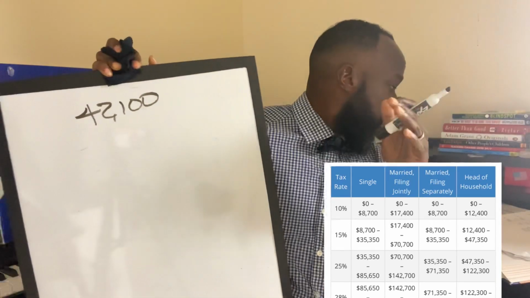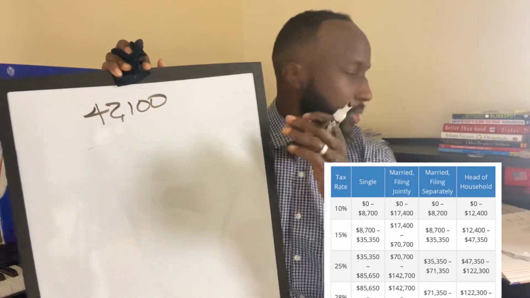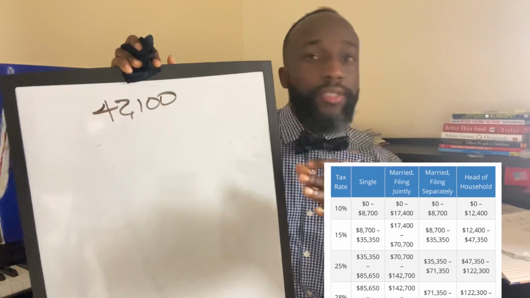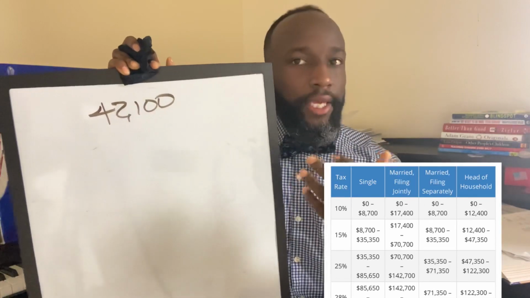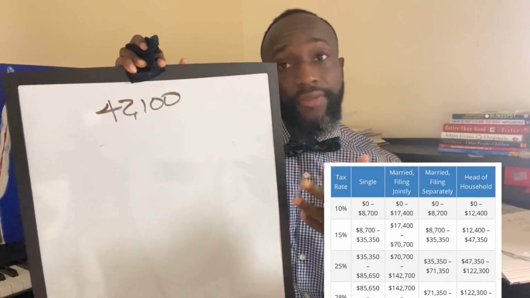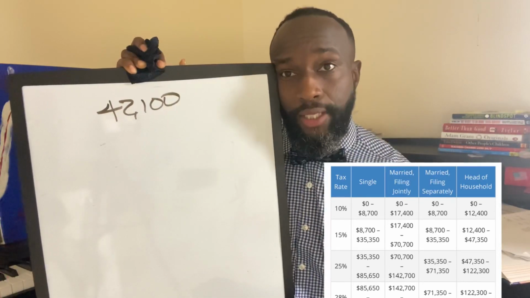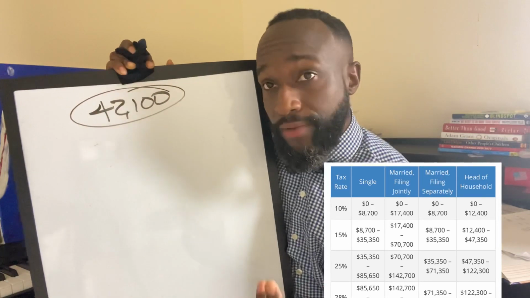Then if you make from $8,701 to $35,350, you're going to pay 15% in taxes. And then from $35,351 to $85,650, you're going to pay 25% in income taxes. $42,100 falls within that 25% bracket.